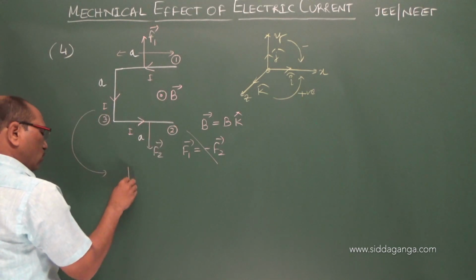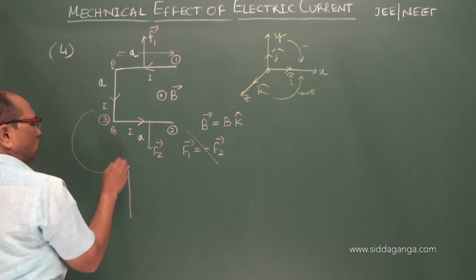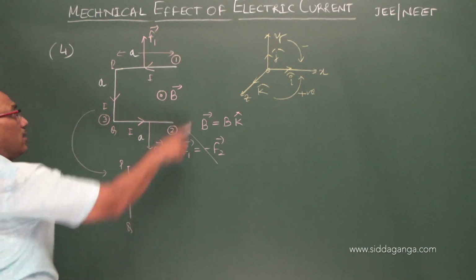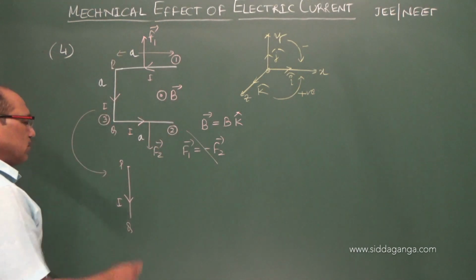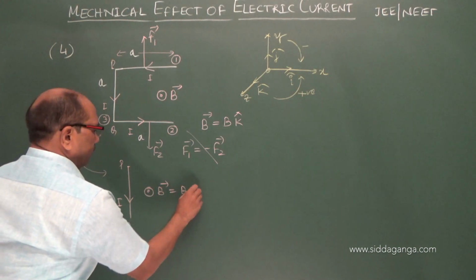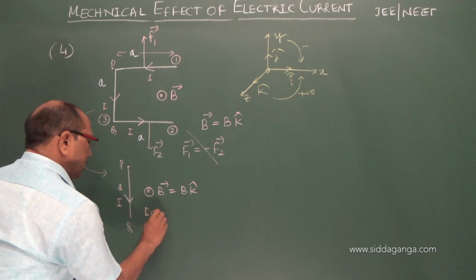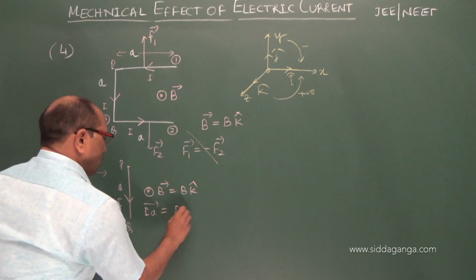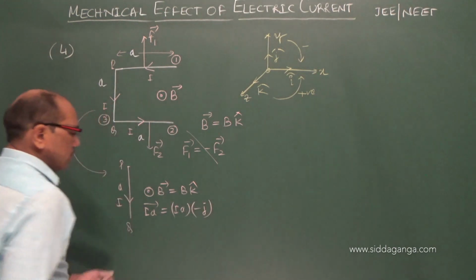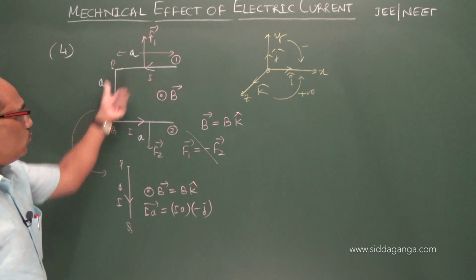Therefore, if I call the ends P and Q, only P and Q give the current direction I. I can neglect the rest and consider only this wire, with the magnetic field B as BK. And this current element is IA into minus J. Now find the magnetic force on this entire U shape.